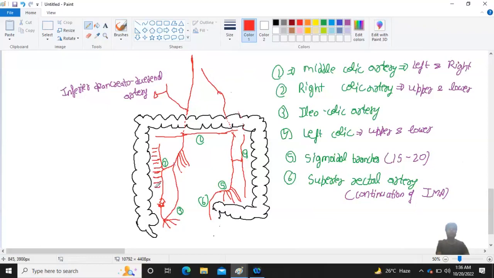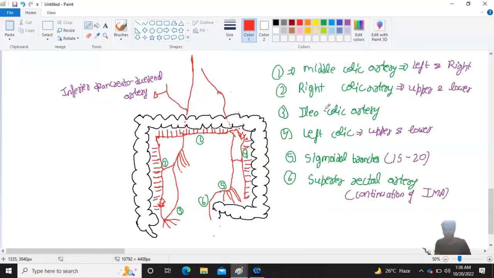These have arcuate branches which supply the colon. And these arteries also anastomose with one another. So basically a complete loop forms around the colon. Done.